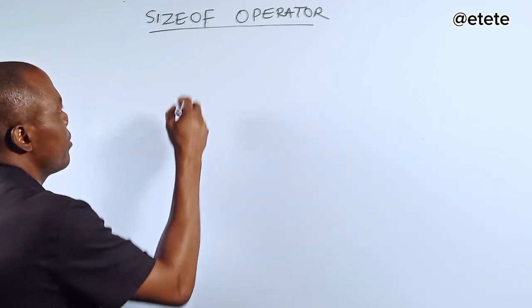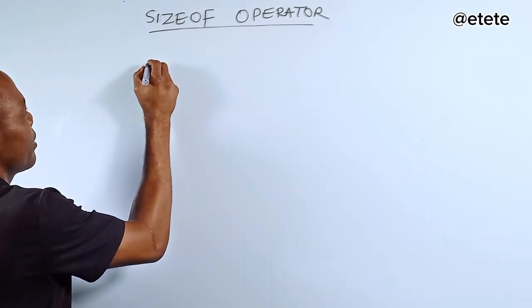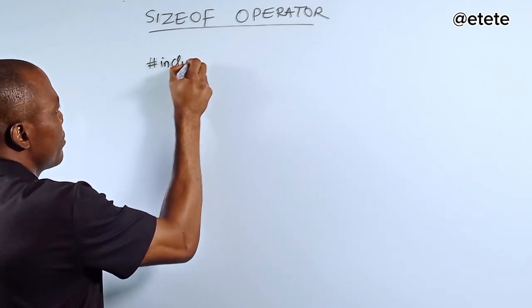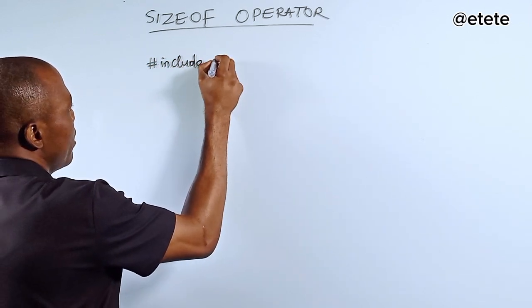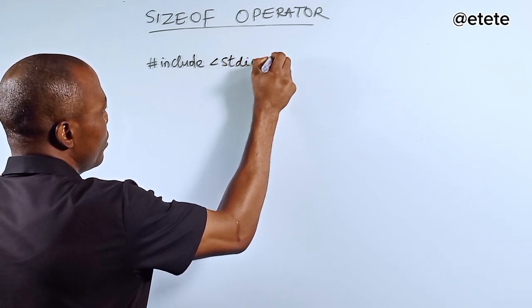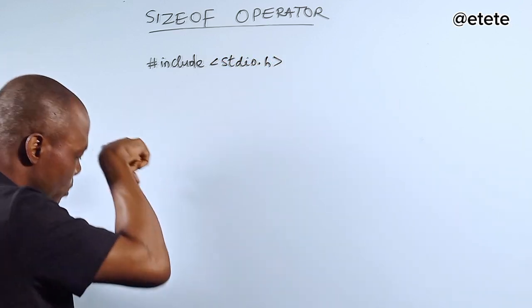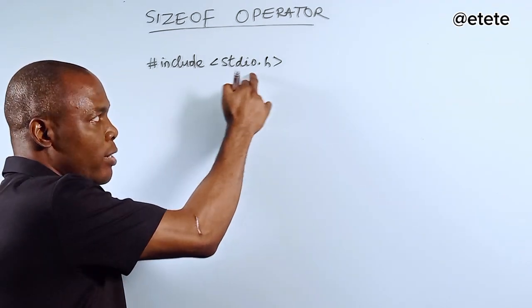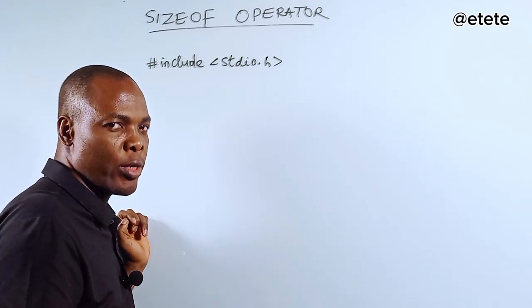So I would say include stdio.h. This is our preprocessor directive, from which we are going to get the printf function that we are using.